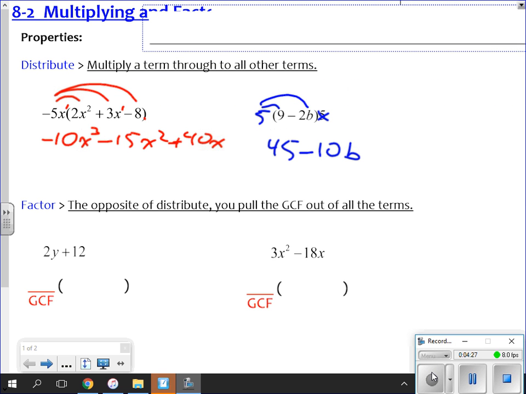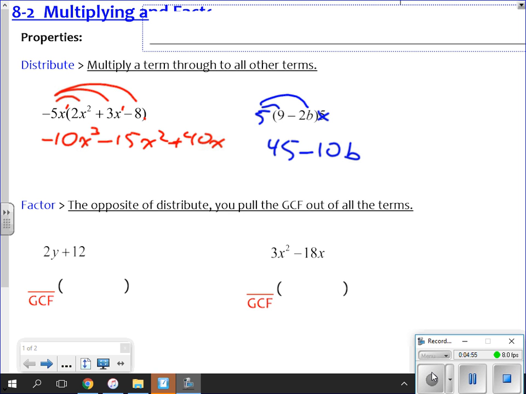However, this is new. And this is where the difficult things really start to happen with what we're doing in here. Factoring. Factoring is the opposite of distributing. You pull out the greatest common factor out of all of the terms. So with this one, we are basically undistributing.